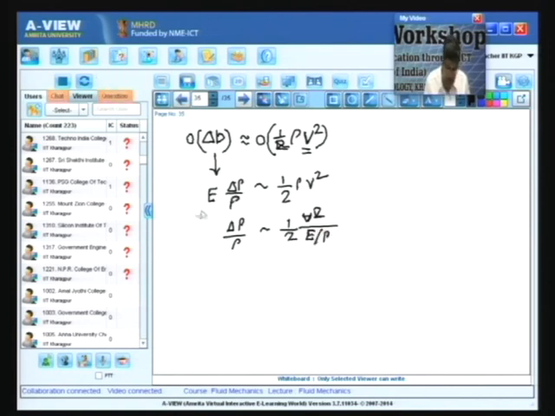It is simply writing this, taking E that side. Now, this quantity, root over of E by rho, E divided by rho, is known as the velocity of sound in that medium at that state.